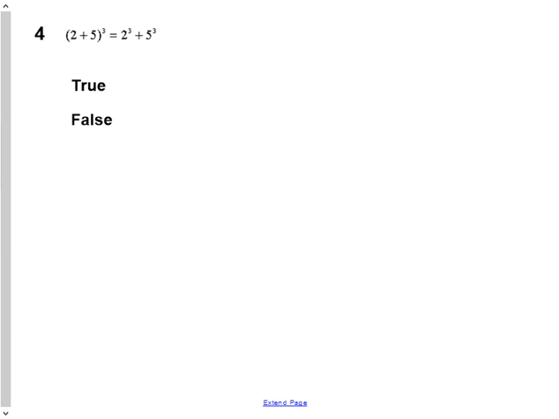The fourth question says 2 plus 5 in brackets cubed is the same thing as 2 cubed plus 5 cubed. And the reason why this question even exists is because there is a law with exponents that when you are multiplying 2 numbers together in brackets, you can disperse the exponent onto both parts to give you 2 cubed multiplied by 5 cubed.